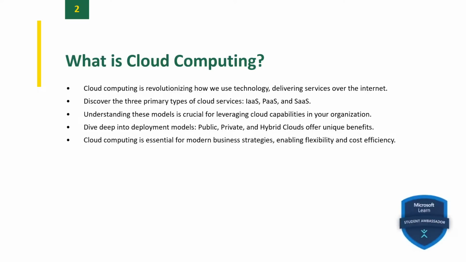Second one, platform as a service, provides a platform that allows users to develop, run, and manage applications without dealing with the underlying infrastructure. For example, Azure App Services, where developers can build and deploy web apps without worrying about managing servers.